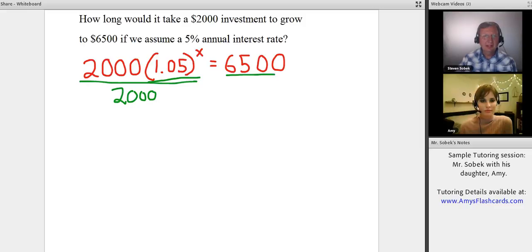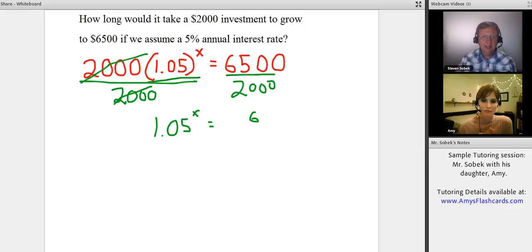Okay, so that gives me, that'll cancel this 2,000 up here, and just leave me with 1.05 raised to the x power is equal to, now I could work this out, but put a decimal in here of some sort, but it's not necessary.